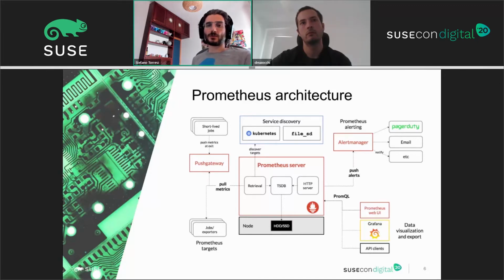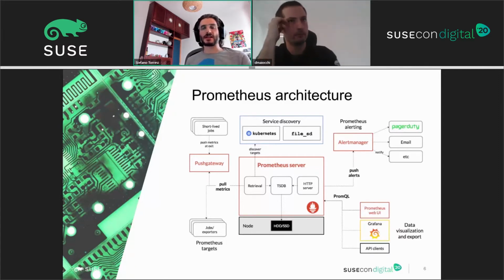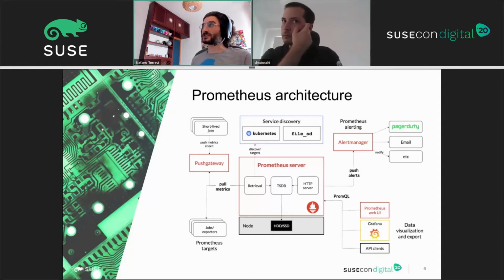One of the other components that we have in Prometheus is the alert manager, which is basically a broker of events that can happen in your infrastructure, and then it can relay these events to external systems like PagerDuty or emails or SMS systems. So you can combine both the data modeling and the usage of this data model to relay this information to external systems, and you can mix and match at will.